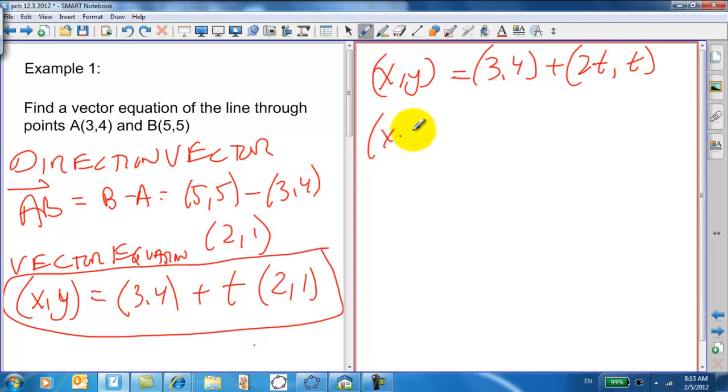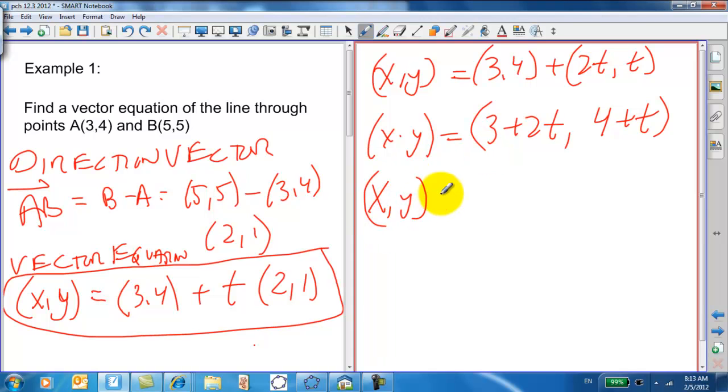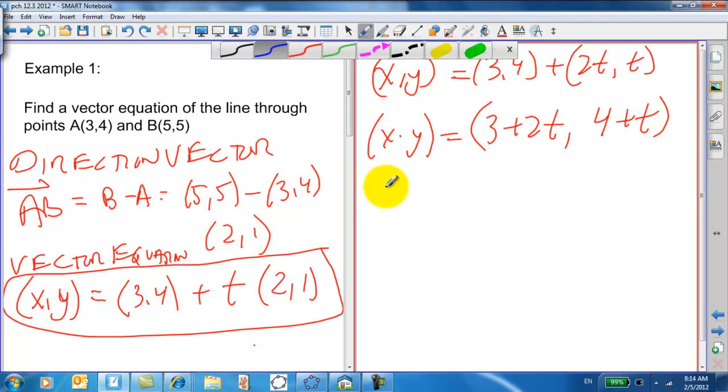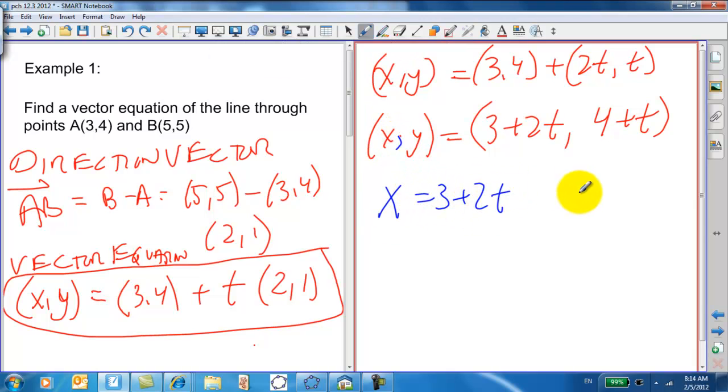And so (x, y) equals (3 plus 2t, 4 plus t). So now I'm going to split it up and say x equals 3 plus 2t and y equals 4 plus t.